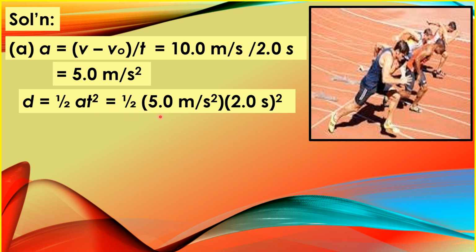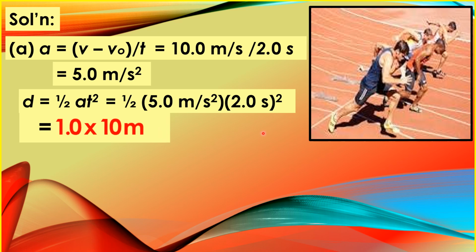Substituting, we have 1 half of the calculated average acceleration, which is 5.0 meters per second squared, multiplied by the square of the time, 2.0 seconds. And we will get the distance traveled equal to 10 meters with two significant figures.